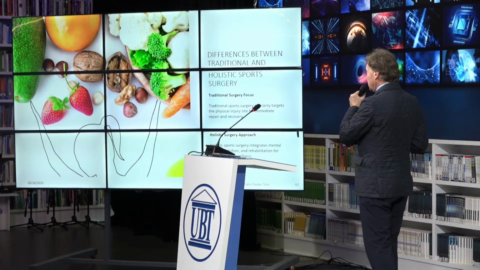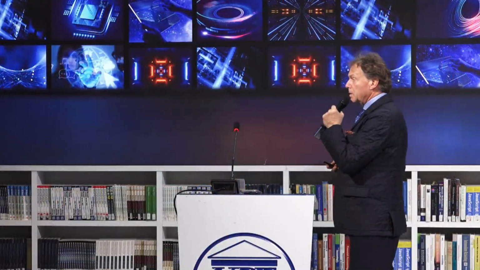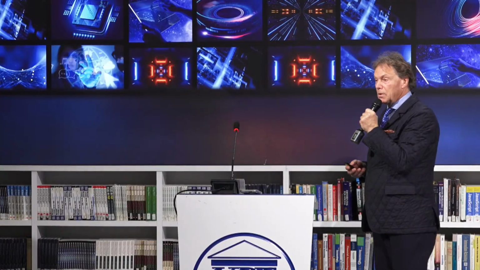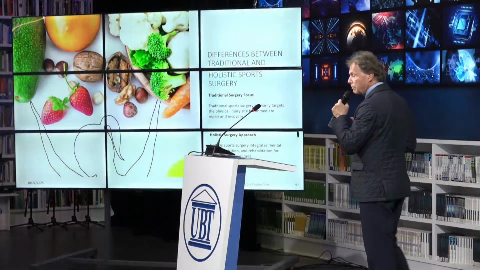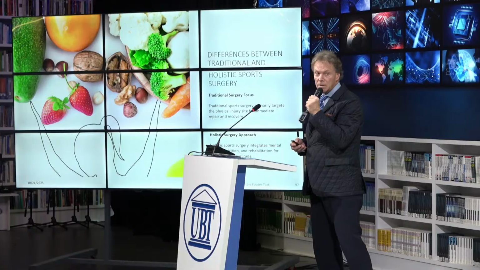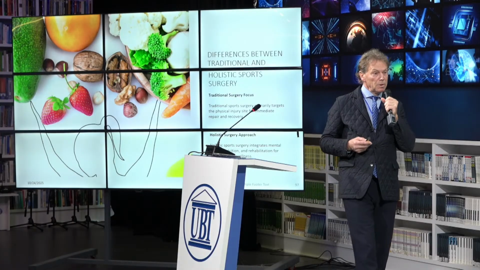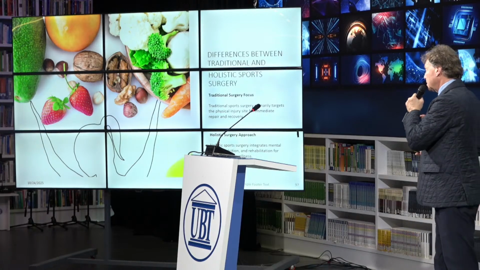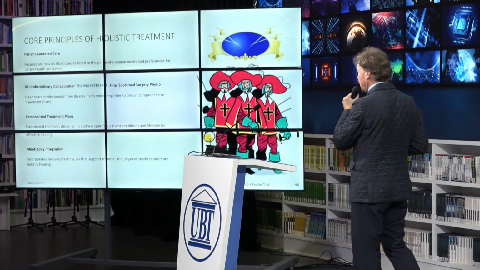The difference between traditional and holistic approaches: the traditional ones have this restrictive focus on their own department. We need communication between especially the therapist and the radiologist, which is essential.